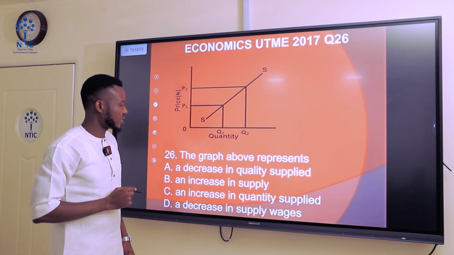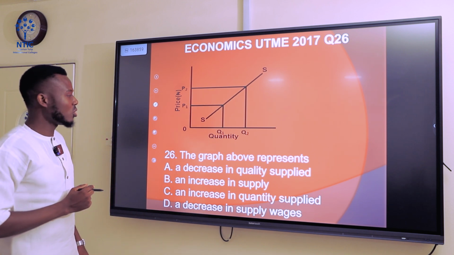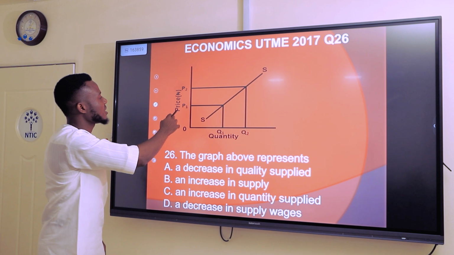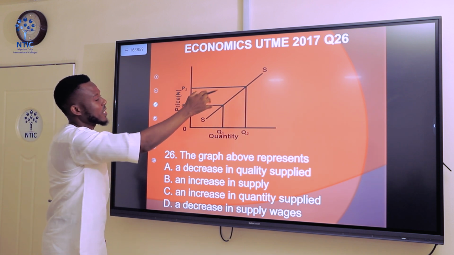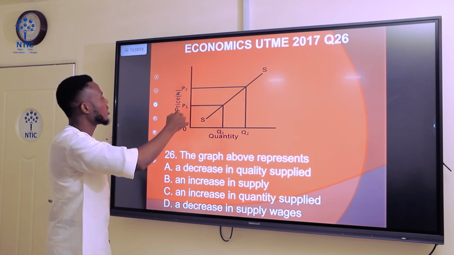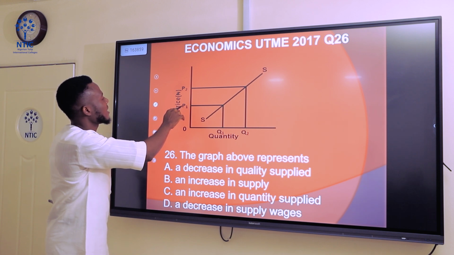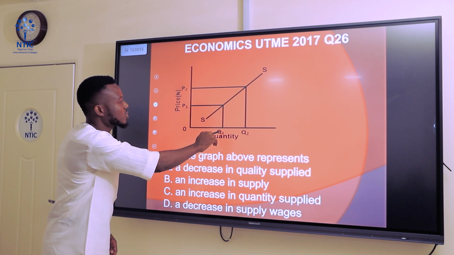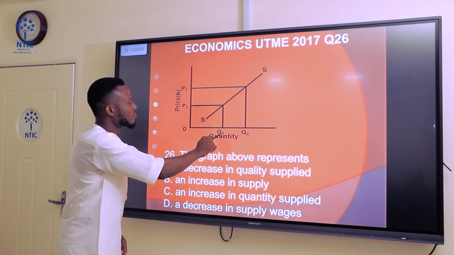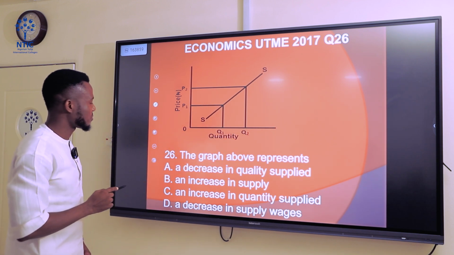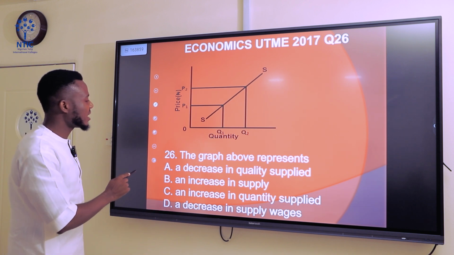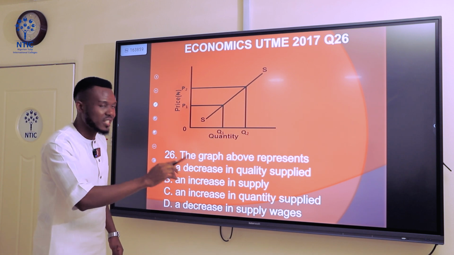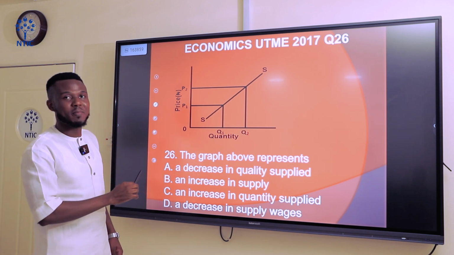Question 26. The graph above represents... Okay, from the graph above, we see a supply schedule, a supply curve, where price has changed from P1 to P2, also causing the quantity supplied to increase from Q1 to Q2. The answer here will be an increase in quantity supplied, not an increase in supply.